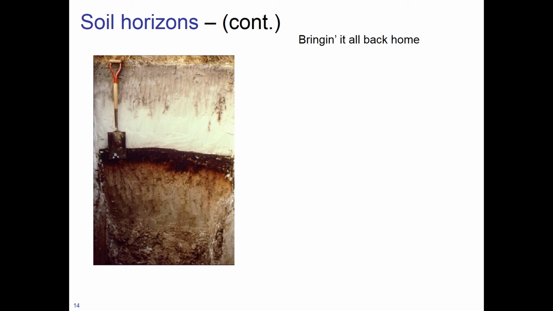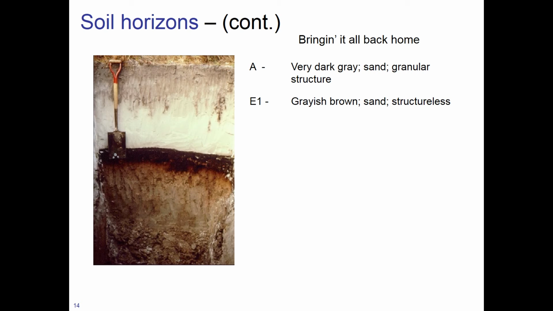To bring it all back home with respect to soil horizons, I've combined a picture of a soil profile along with horizon designations and a brief description of a soil that looked very much like the one pictured. So we would have an A horizon that's very dark gray sand with granular structure typically. An E1 horizon that's grayish brown sand and structureless.